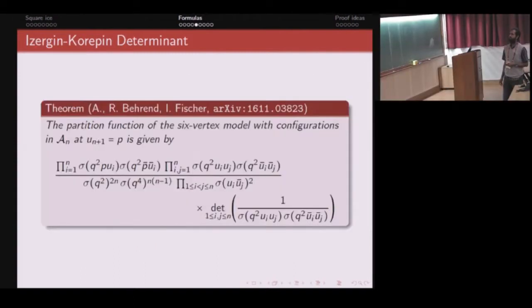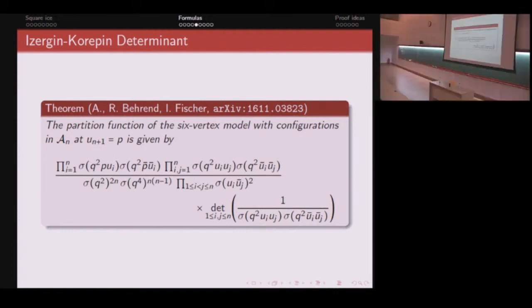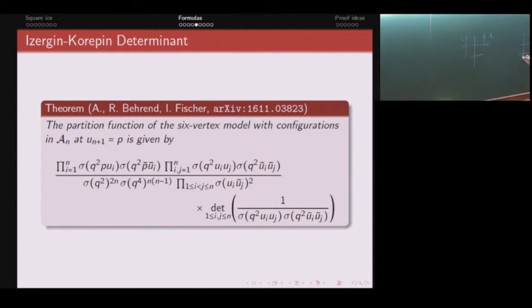So we find again, so this is our work, very nice determinantal formulas for these. And in fact, this determinant appeared earlier and is well known as the Izergin-Korepin determinant. It's actually the same determinant that appears when you consider the six-vertex model on a square grid with so-called domain wall boundary conditions.